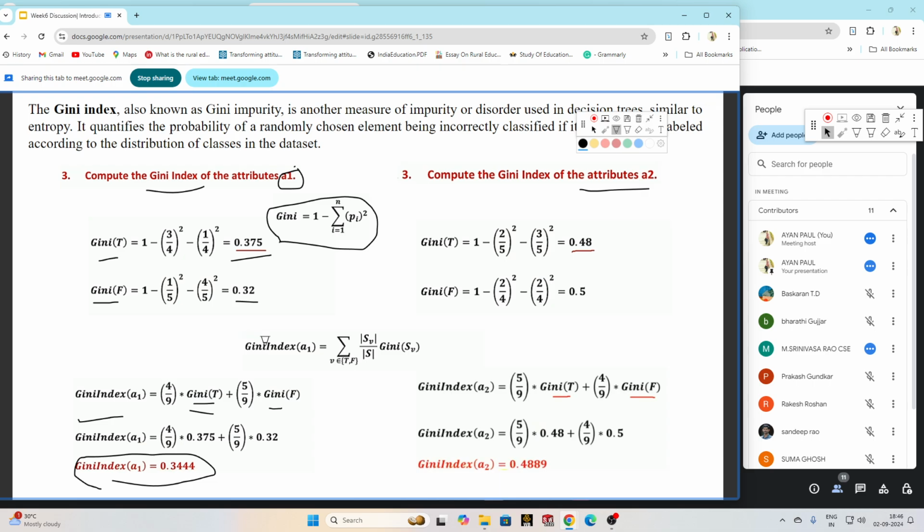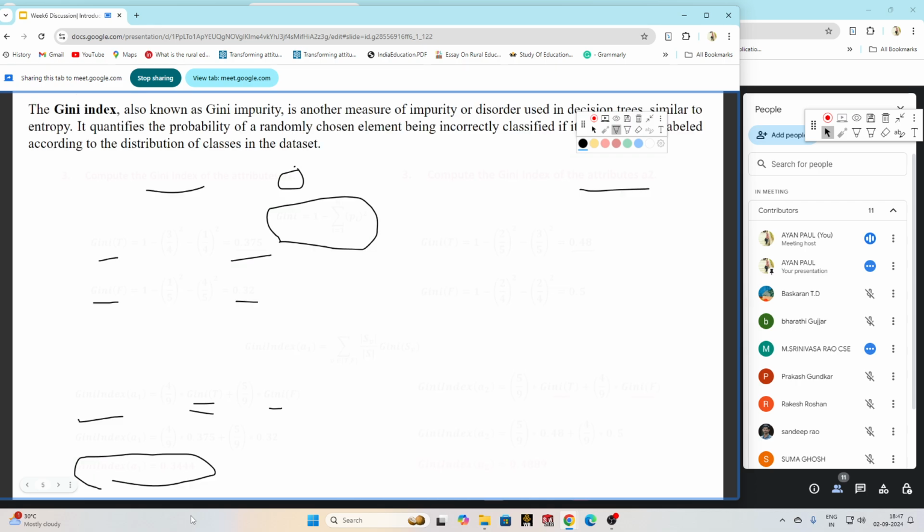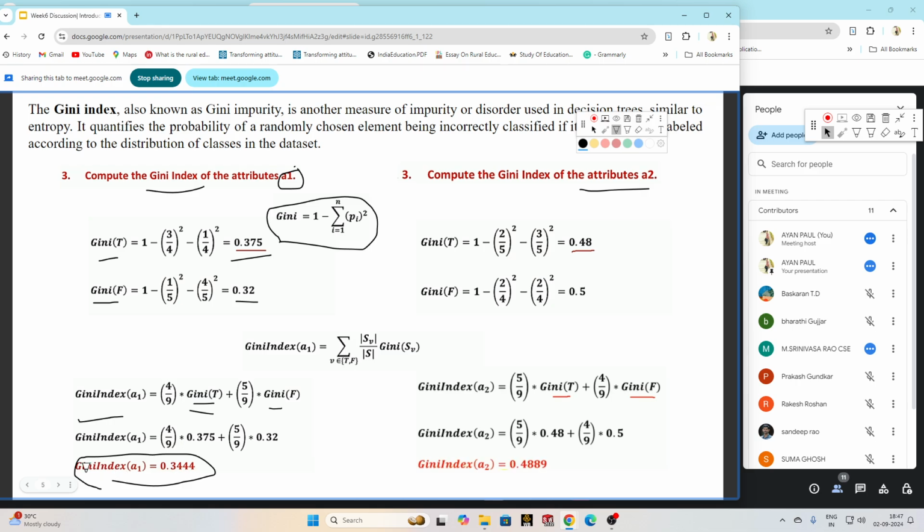Here we have calculated the information gain of A1 as well as A2. A1 is coming 0.2295, A2 is coming 0.0072. As the information gain of A1 is higher than that of A2, A1 is the best splitting attribute according to information gain. Clear? Now what about Gini index? Gini index of A1 is 0.3444.